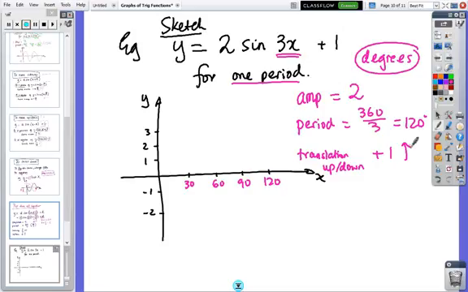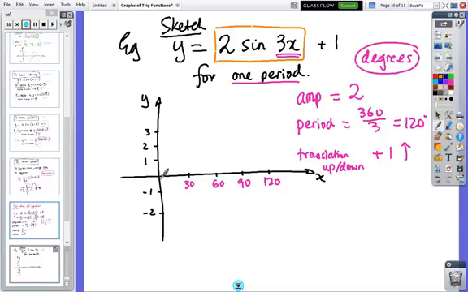Now I'm not saying you have to do it this way, but this is what I would recommend. I'm just going to draw this 2 sine 3x curve first in very light pen, like you might do in light pencil, and then we're going to shove it up 1 point.